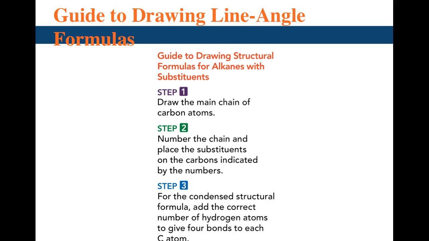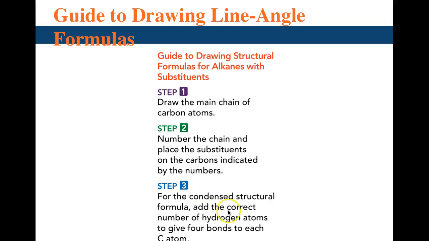All right, so when you're given the name and asked to draw the structural formula, first draw all the continuous carbon chain. Number that chain, and then you can place the substituents wherever you wish so that they get the lowest location numbers.